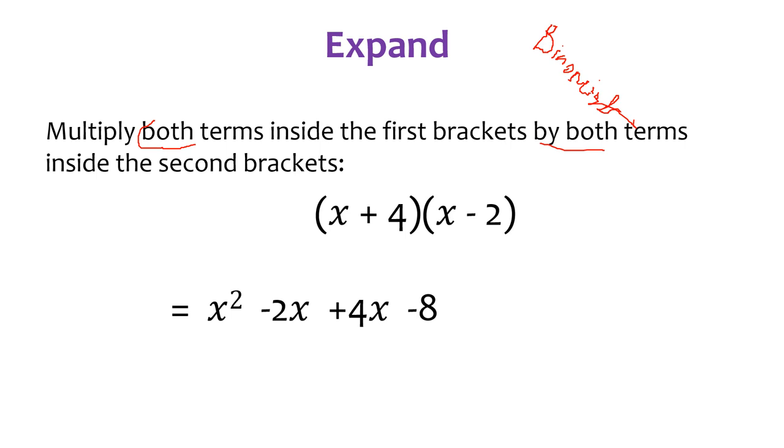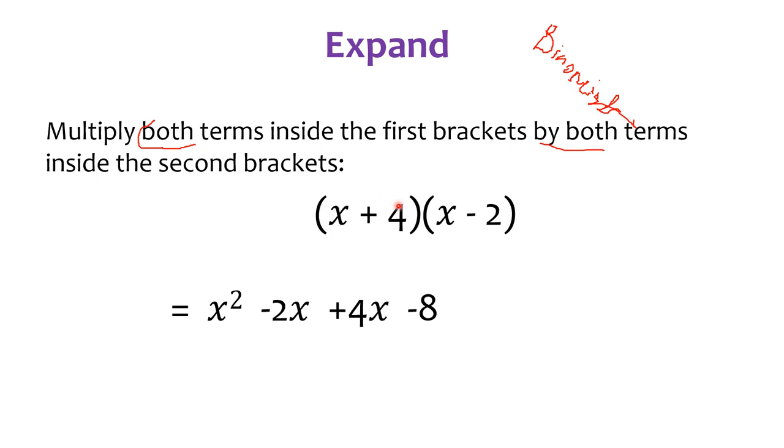Now x multiplied by x gives you x squared, and x multiplied by a negative 2 gives you a minus 2x. Now we are done with the x.